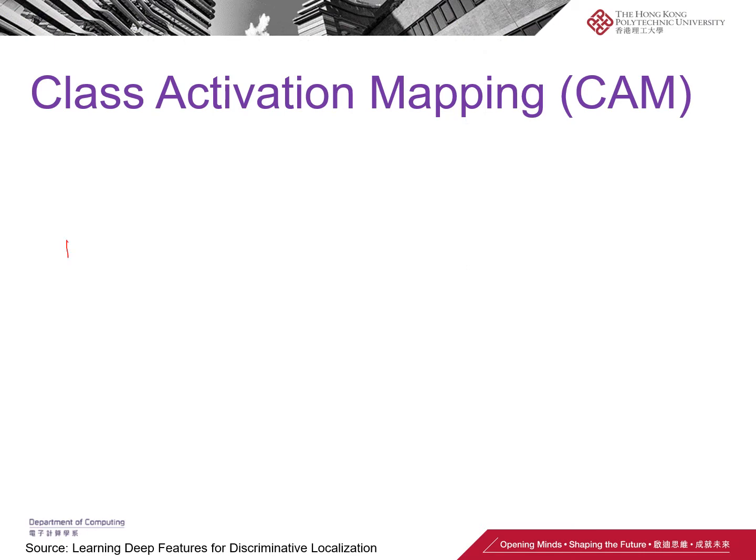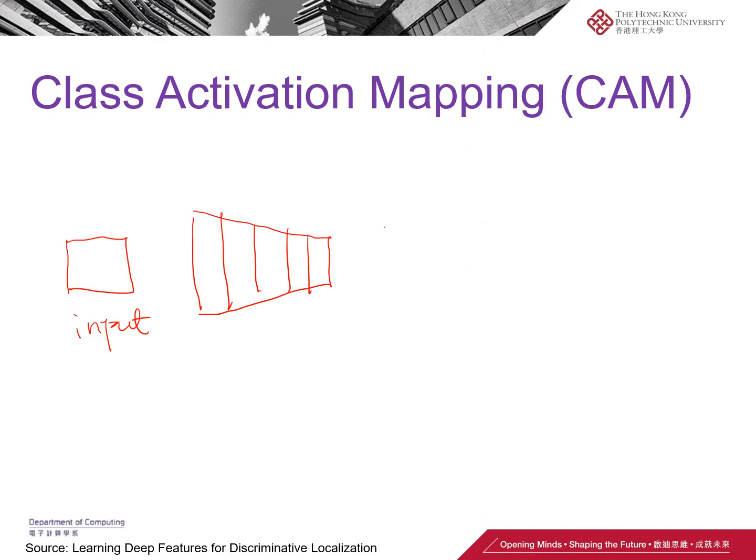Let's see, we have an input, which is an image. Then it goes into the convolutional layers, layer by layer. We are supposed to have a lot of them. Then after the convolutional layers, we have the FC layer, and it gives us the output.